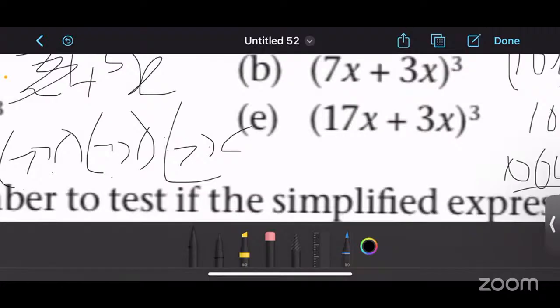Langelihle, E says 17x plus that. How are we going to do that? Ma'am, first you add the inside together and that answer will be 20. Then, like you did on the left, you put three 20s in different brackets next to each other.